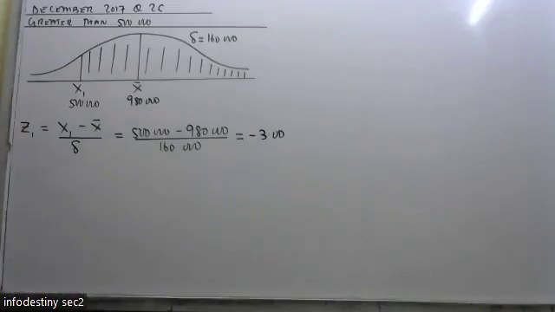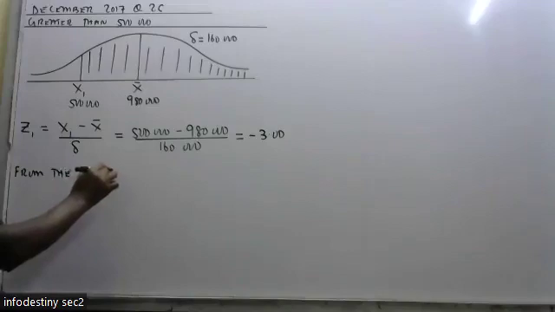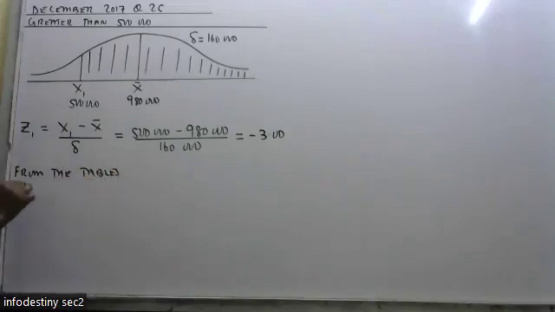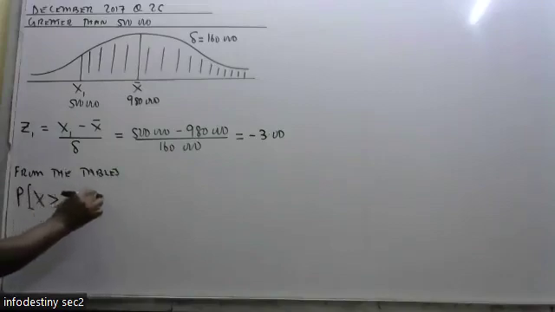From the tables, the probability that X is greater than or equal to 500,000.